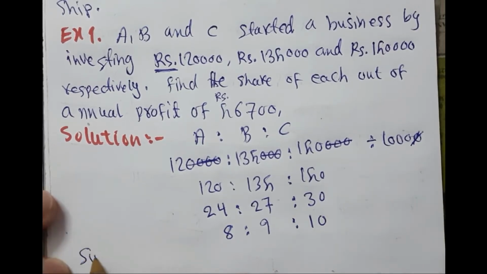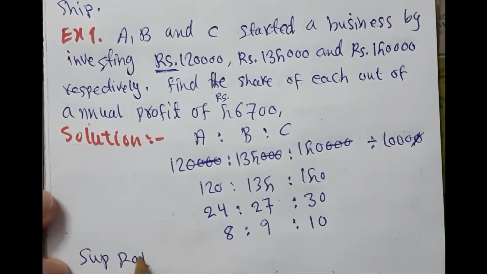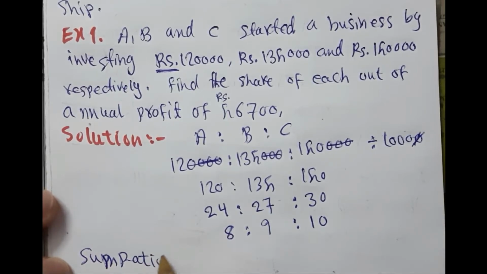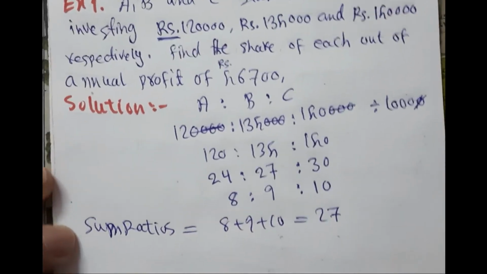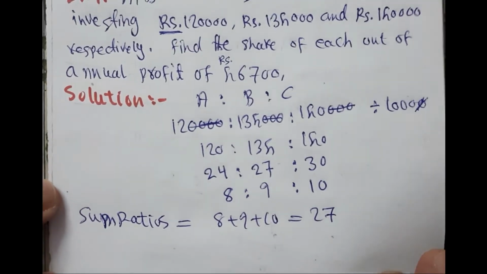Now sum of ratios is equal to 8 plus 9 plus 10, which is equal to 27. We now want to find per share.